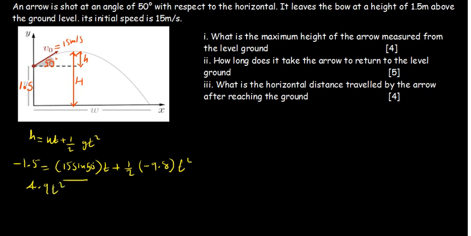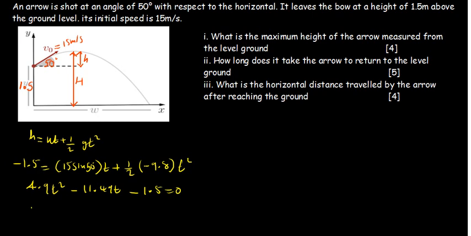And then 15 sin 50, we are going to get 11.49. If we also take it to the other side, it becomes negative 11.49 t. And then we also have the negative 1.5 on the other side, and that will be equal to 0.